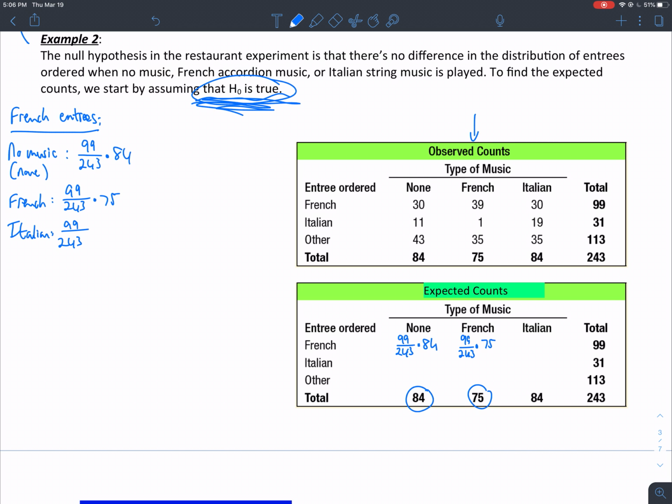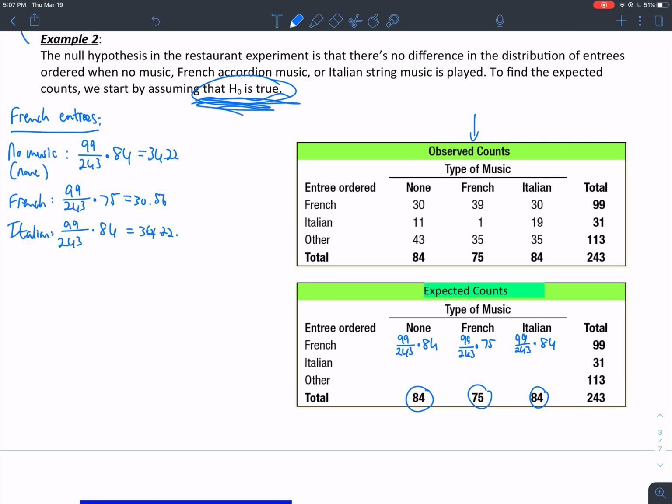And then here, still the same proportion, times the total number of entrees for the Italian treatment group, 84. Of course, the first and the third one must be the same. You get 34.22. Don't round that, just leave it 34.22. This is 30.56, and this one would be 34.22 again.